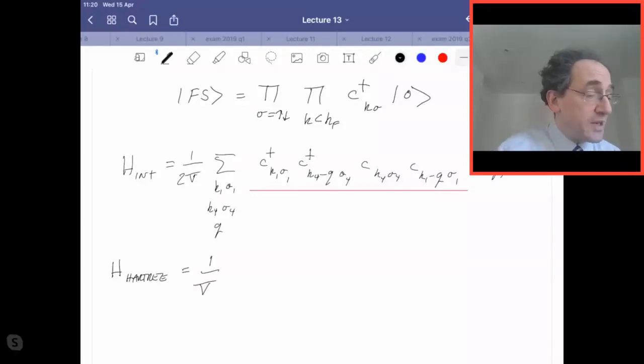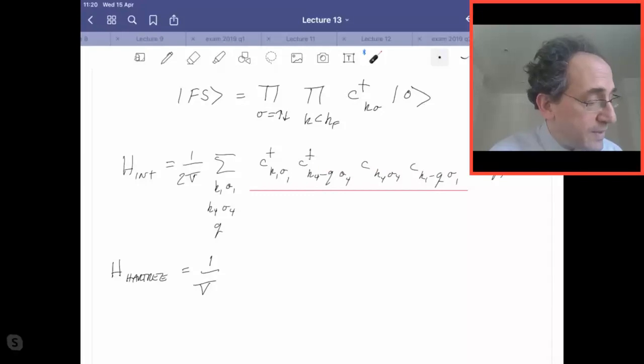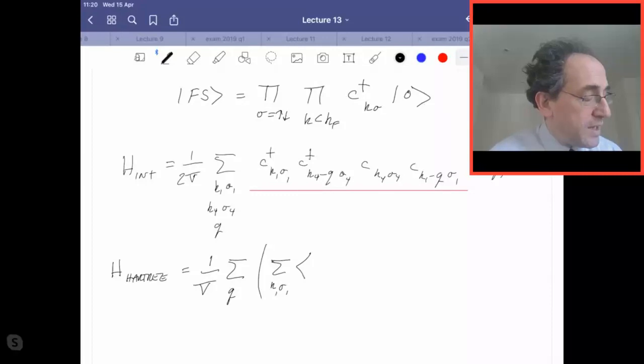We lose the factor of 2 because there's two ways in which I could have made this average. The first and the last, and the second and the third, they'll be equivalent. Then we have sum over Q. And what I have averaged is the sum over K1 sigma 1 average of C dagger K1 sigma 1 C K1 minus Q sigma 1.